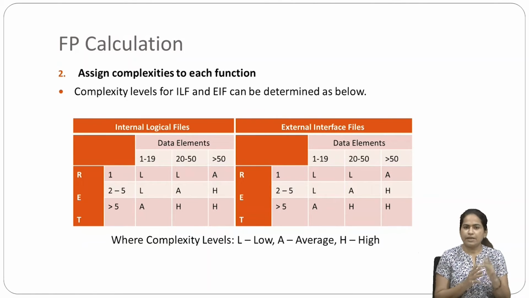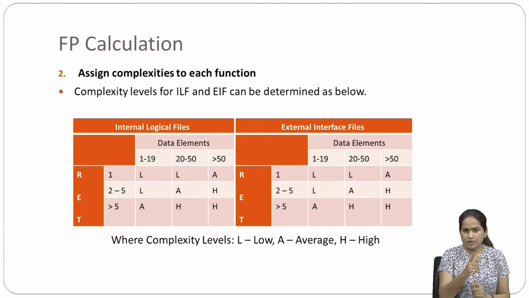Suppose your RET is 1 and the data elements you require are 1 to 19, then its complexity is low. L represents low, A stands for average and H stands for high.